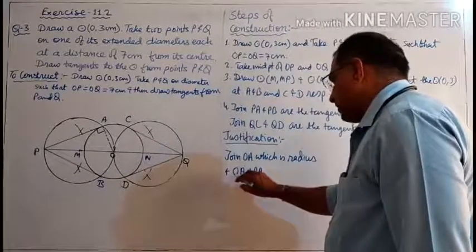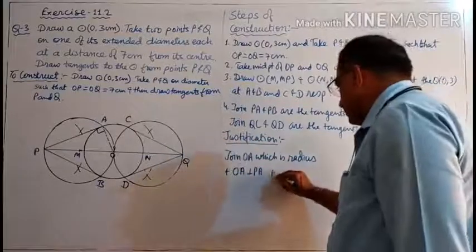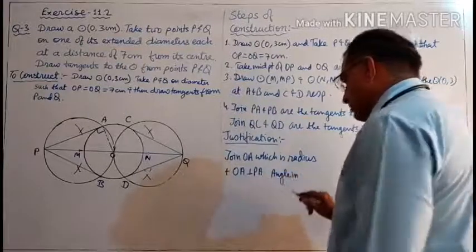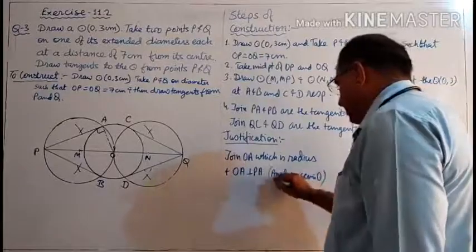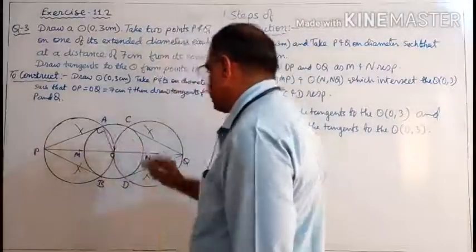Why is it perpendicular to PA? That is because of the angle in a semicircle. You can see here OP is a diameter, so it is a semicircle, so it is a right angle.